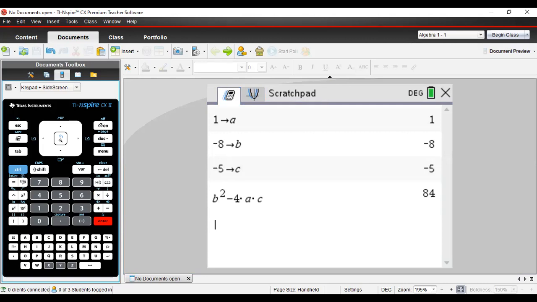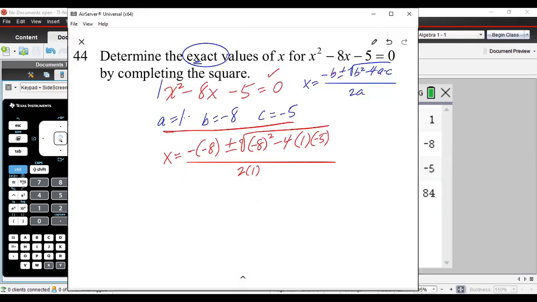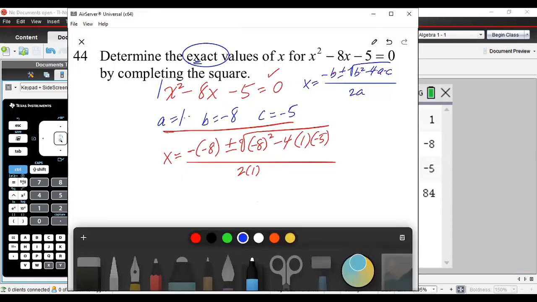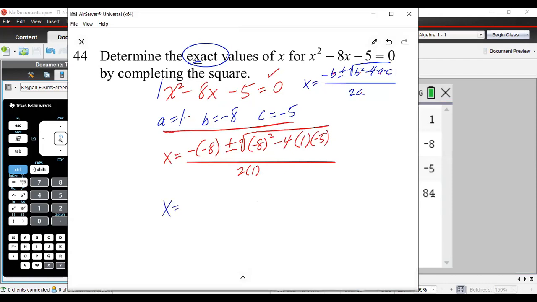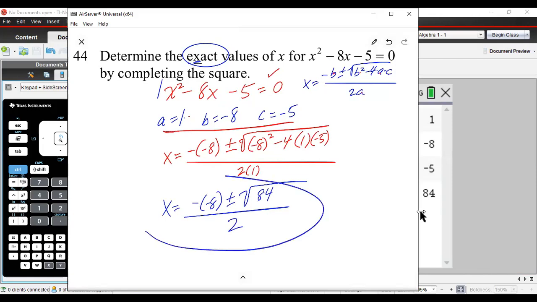So now watch what I do, and we're done. I'm just going to rewrite this. X equals a negative 8 plus or minus, and now this 84, that's what's inside. So I'm just going to leave it as 84, and then put this over 2. Now, if you leave it like this, that's exact.